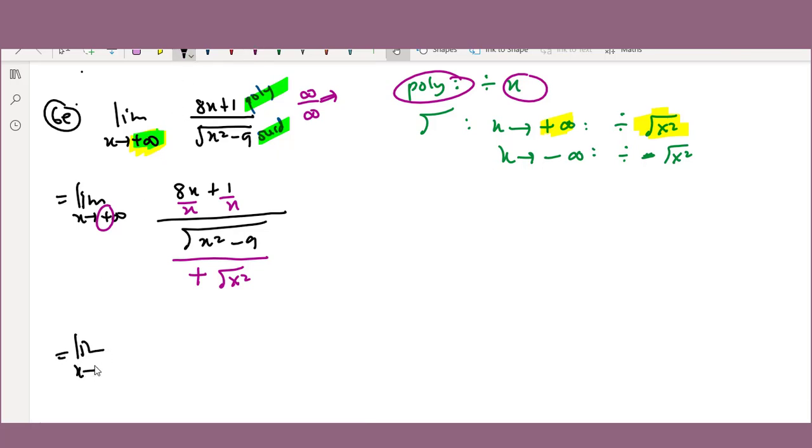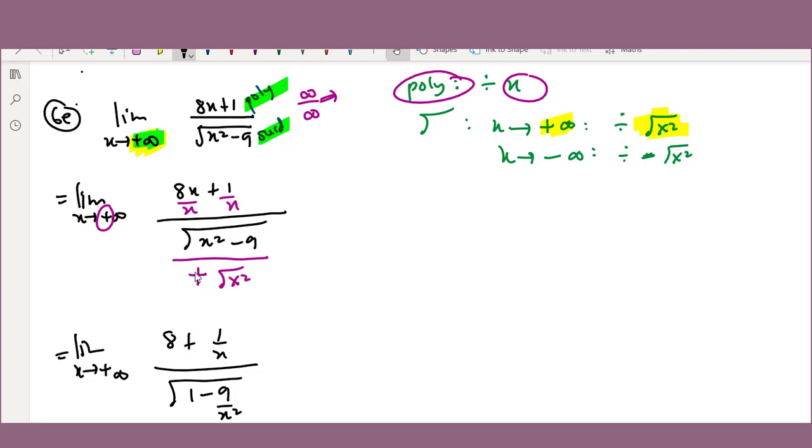You have to write the limit. So 8 plus 1 over x, and in here you get the square root of 1 minus 9 over x squared, since x squared over x squared is 1.